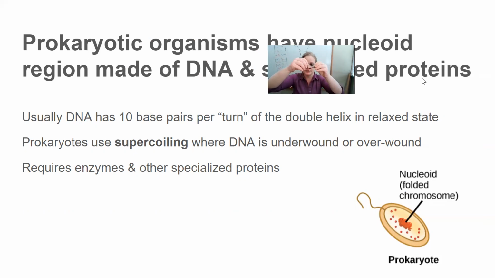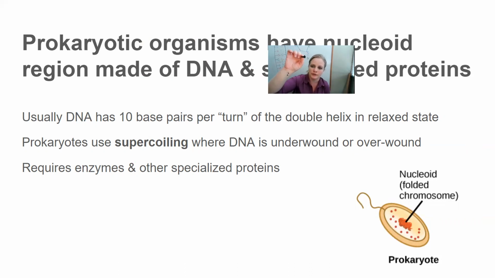We can take this thing and make it take up less space by coiling it up and bunching it up. And now it takes up very little space, right? That means we have supercoiling, so it's either overwound or underwound. And it requires enzymes and other proteins to keep it in this bunched up form in the nucleoid region, because if I let go of that hairband, it's going to go back to its circular shape.